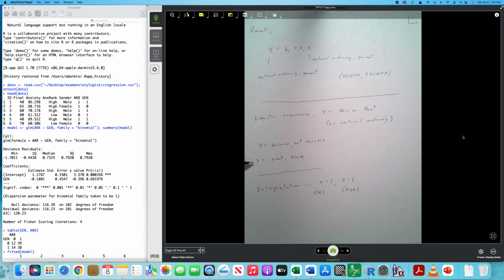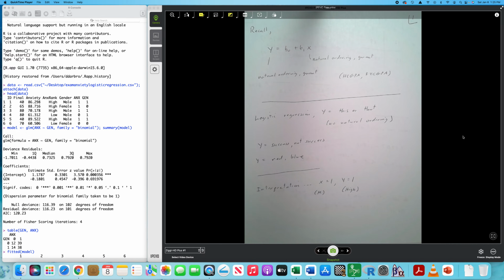Or maybe we're trying to predict whether a student chooses a red horse or a blue horse as their favorite at the end of some set of manipulative factors. But anyway, we have to proceed with the understanding that our dependent variable is dichotomous.